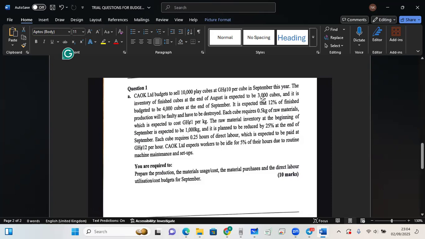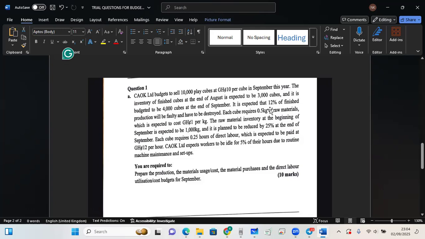So finished goods is 3,000 here, and they are planning to let it increase. This is more or less like opening stock is 3,000, and they are budgeting that it will increase to 4,000 at the end, so meaning that closing stock is 4,000, opening stock is 3,000.